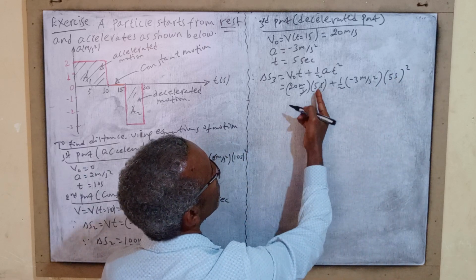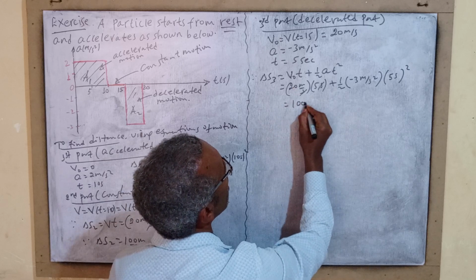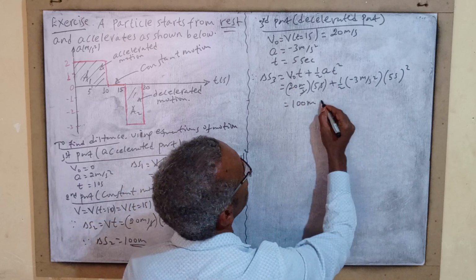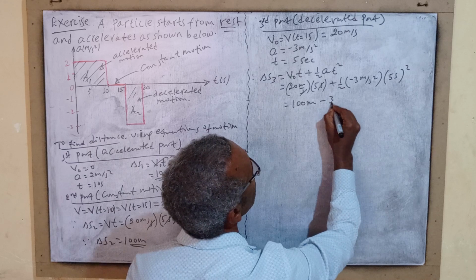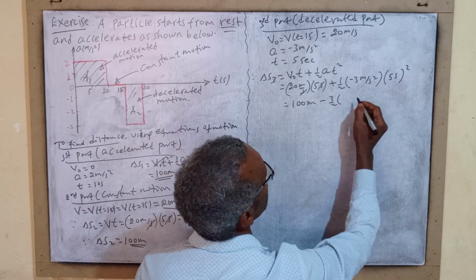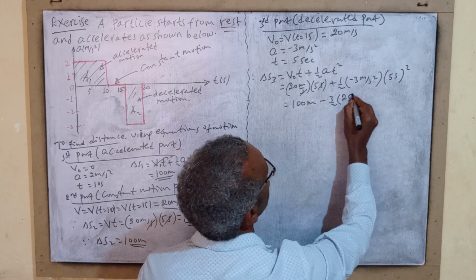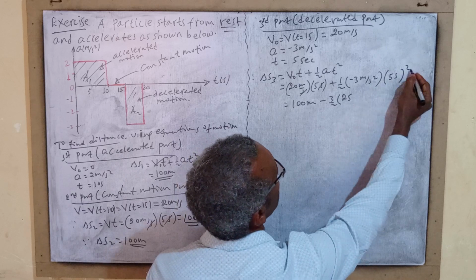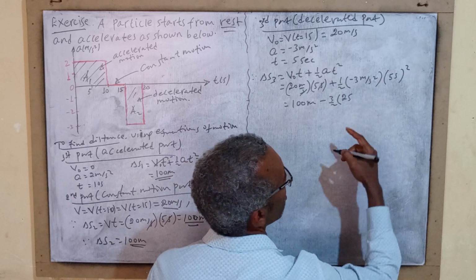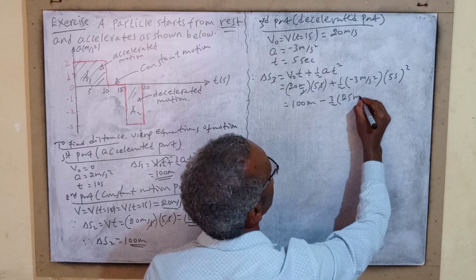This is equal to v naught, 20 meters per second, times time, 5 seconds, plus 1 over 2 times acceleration, minus 3 meters per second squared, times time, 5 seconds, squared. Second goes with second. 5 times 20 is 100 meters, minus 3 over 2 times 5 squared, which is 25. Second squared goes with second squared, 25 meters.